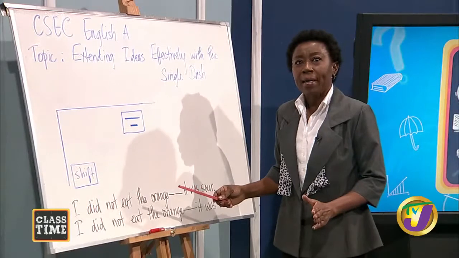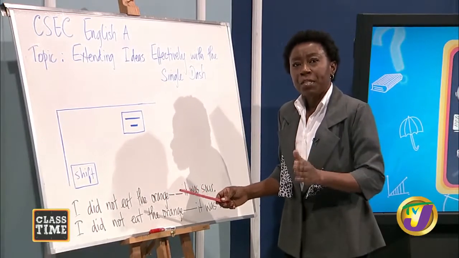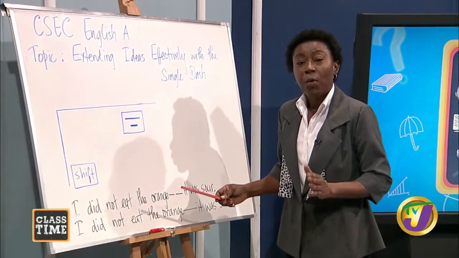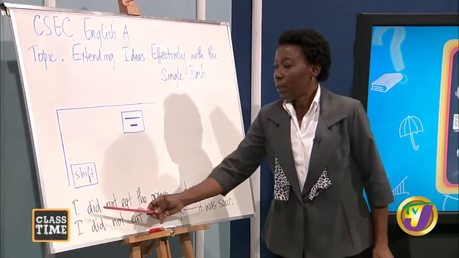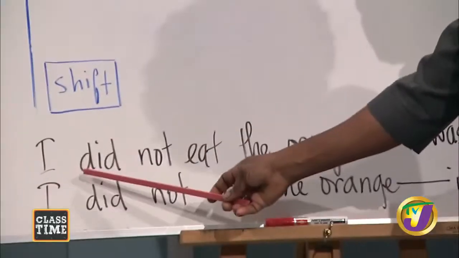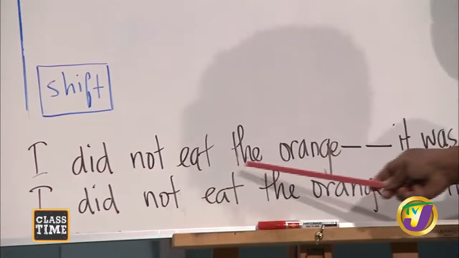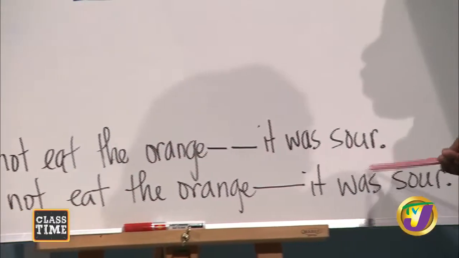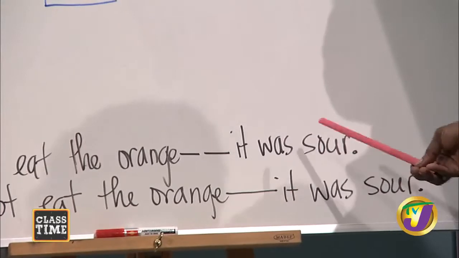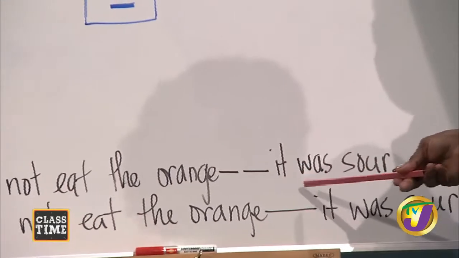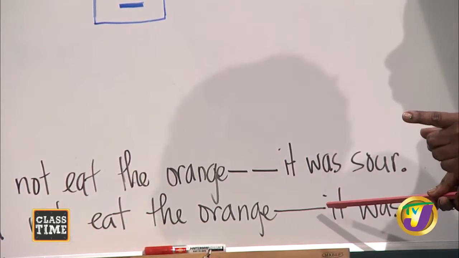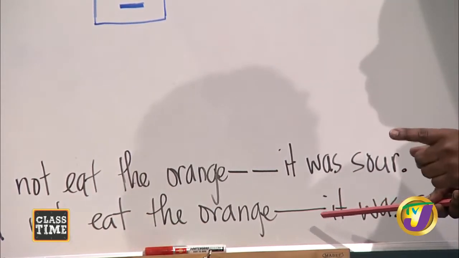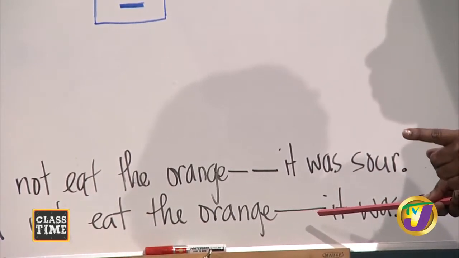So how do I avoid using a hyphen when I need to use a dash? Let us say you're typing this sentence: I did not eat the orange. It was sour. You want to use a dash to explain why.